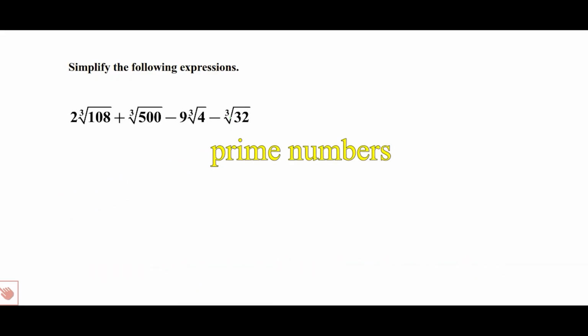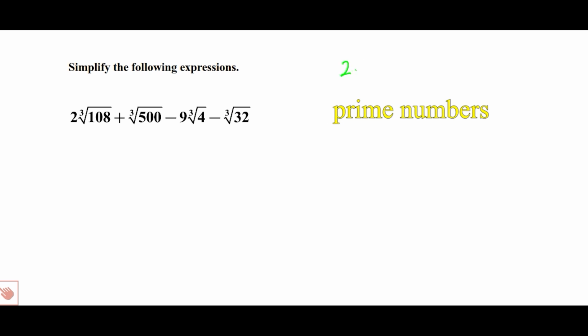For example, 2, 3, 5, 7, 11, 13, 17, 19, 23, and so on. Now, how are these numbers useful? We use them to factor numbers. Let me explain with an example.